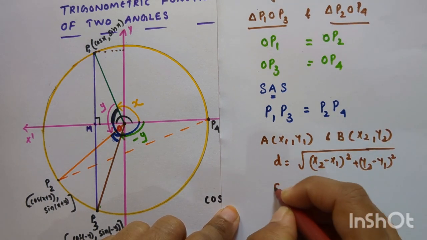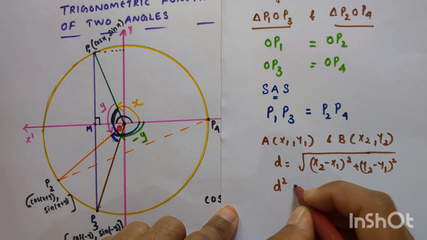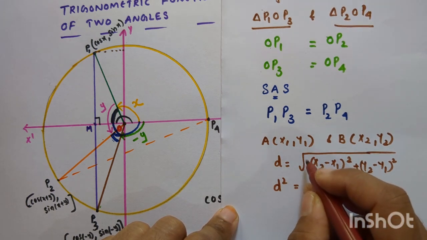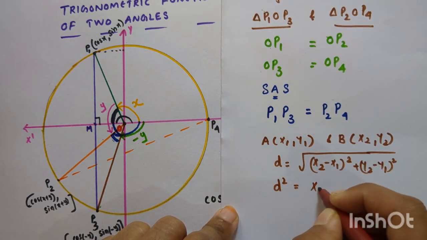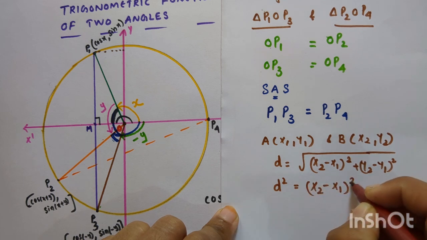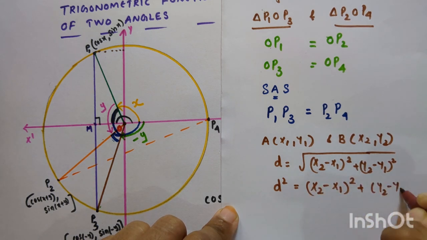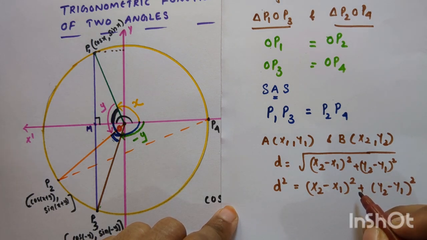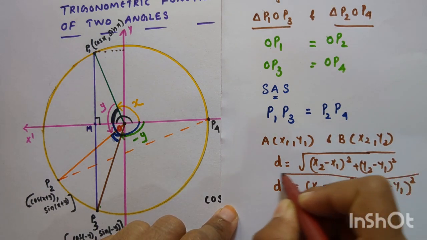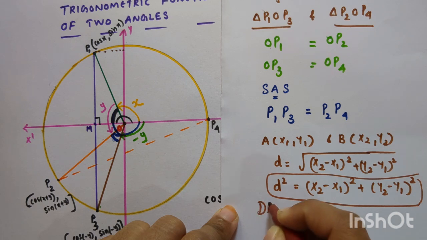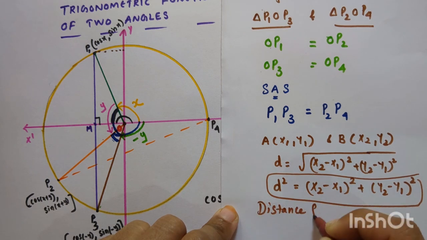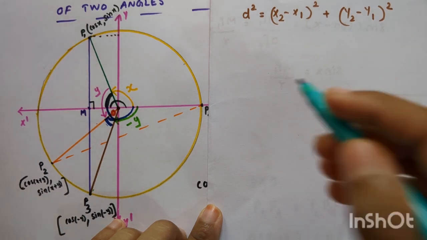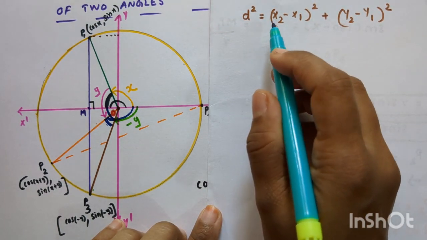The square of the distance between these 2 points will be x2 minus x1 all square plus y2 minus y1 all square; we don't want to consider the root now. This formula is known as the distance formula.